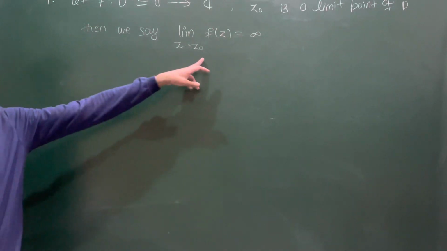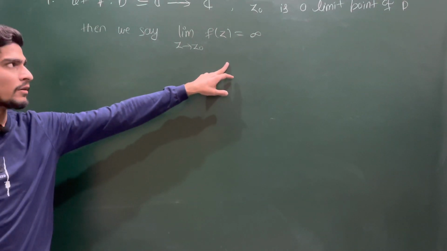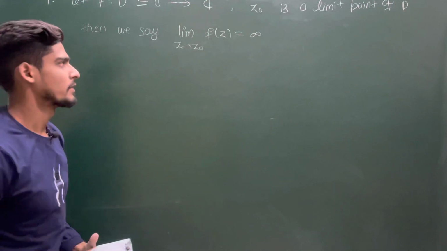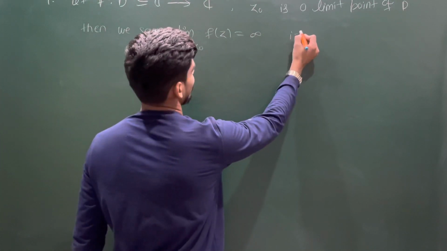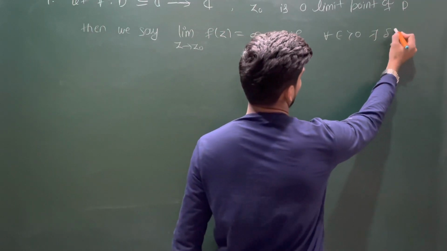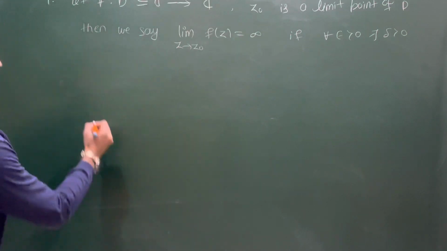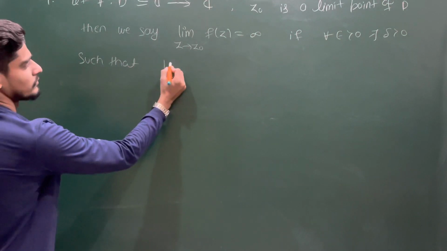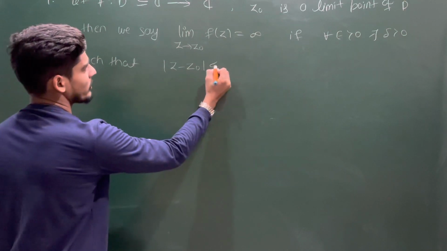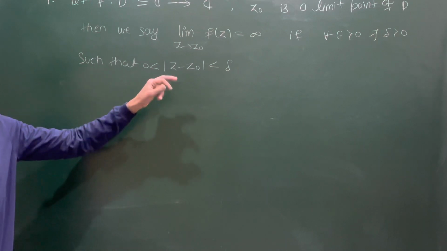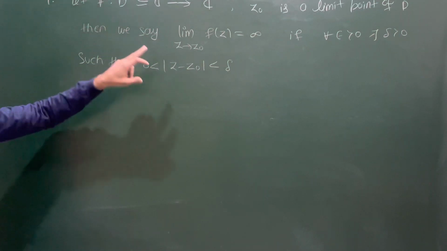What is the meaning of this statement? Can you elaborate? When the limit is infinity, if for each epsilon positive there exists a delta positive such that 0 < |z minus z naught| < delta, and you can treat this quantity as bigger than 0, that means you are defining your function in some deleted neighborhood of z naught.